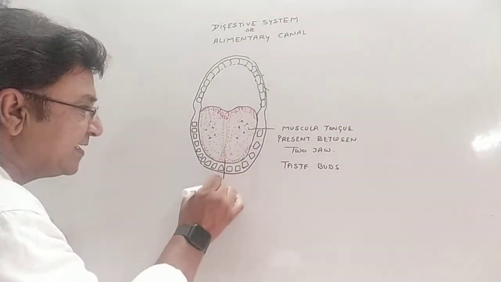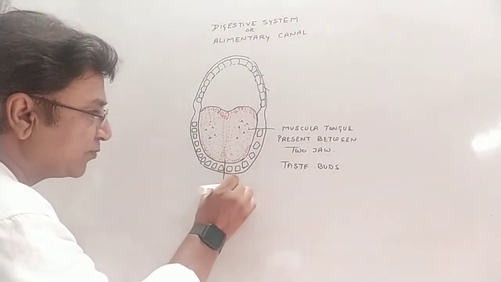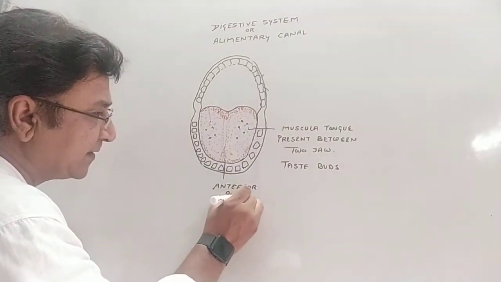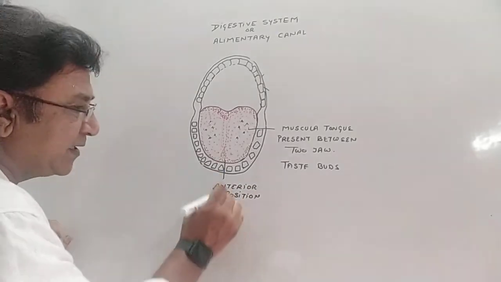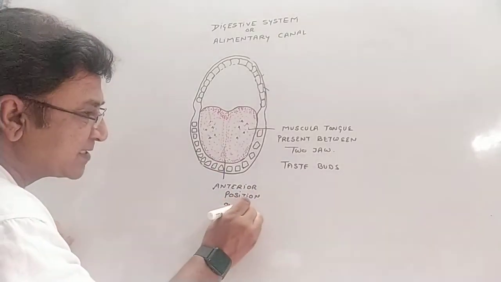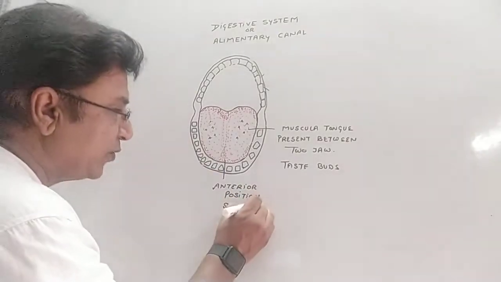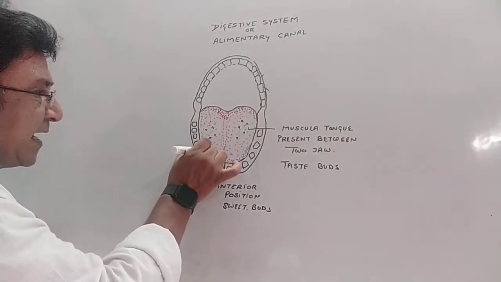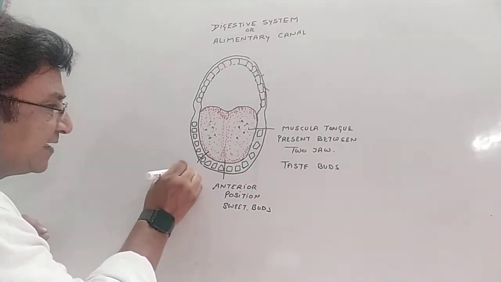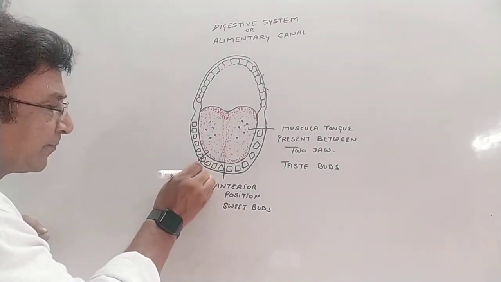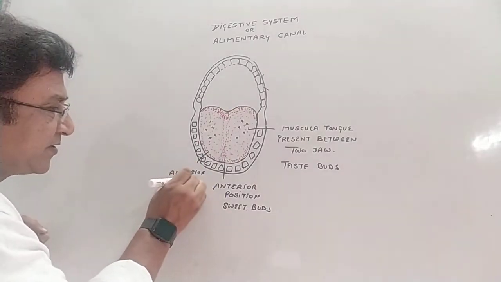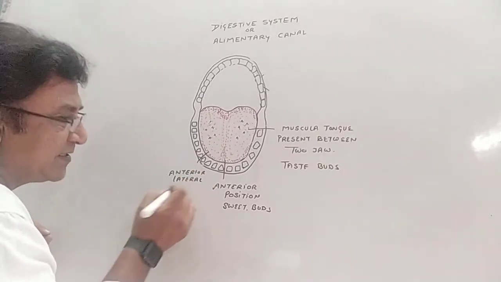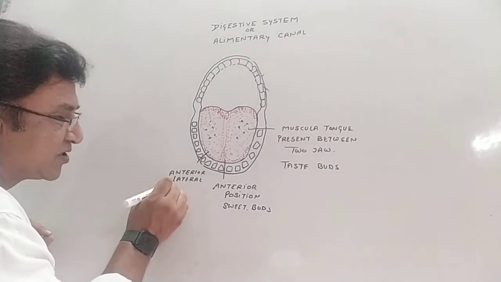This is the anterior portion of the tongue, where sweet buds are present, meaning the buds which can taste sweetness. And this is the anterior lateral portion, where we have salt buds, buds which can taste salt.